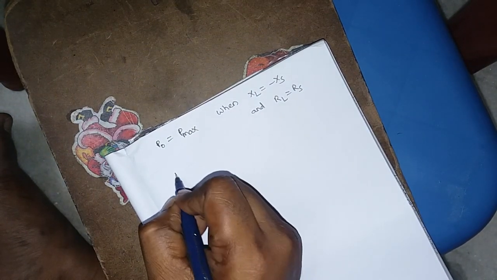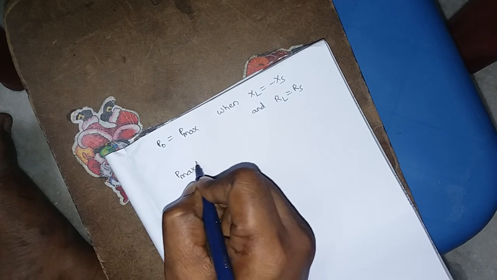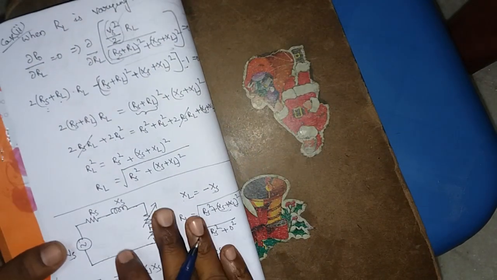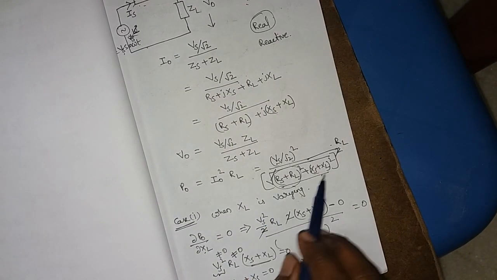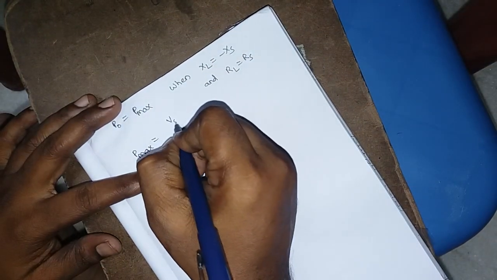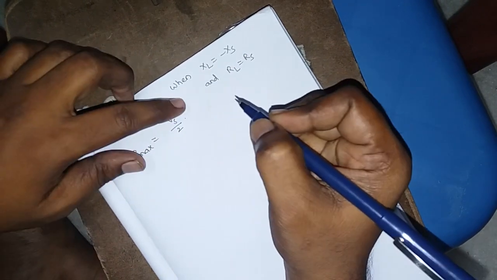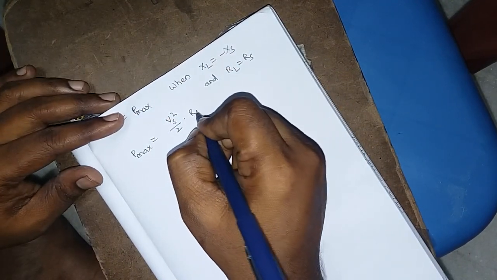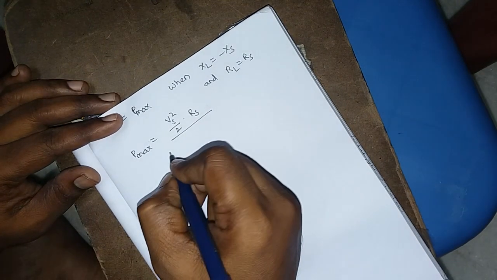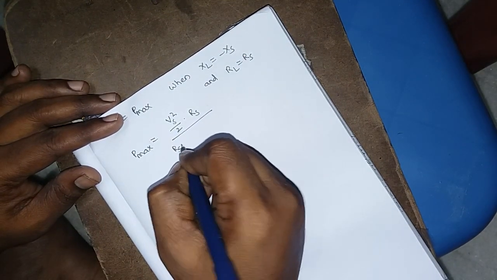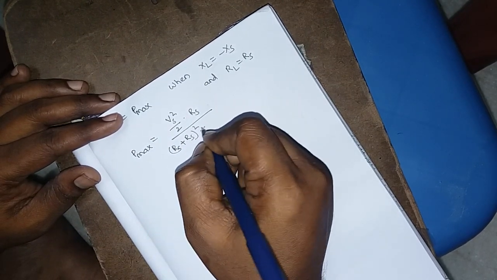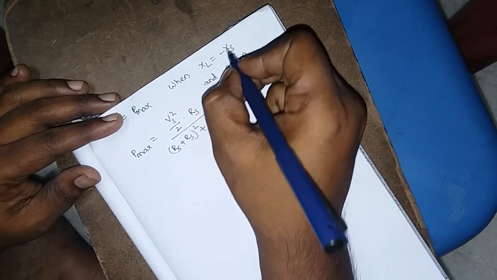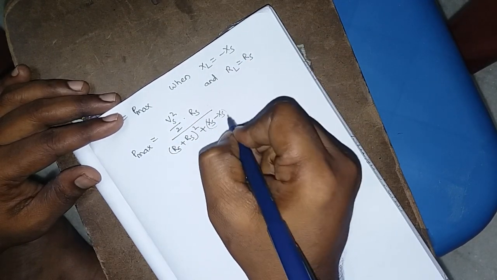So now what is equation for P naught? P naught, already we have the equation of P naught, that is Vs square by 2 into RL. In the place of RL I substitute RS divided by RS plus RL, in the sense RS only whole square plus XS, and XL is minus XS whole square.